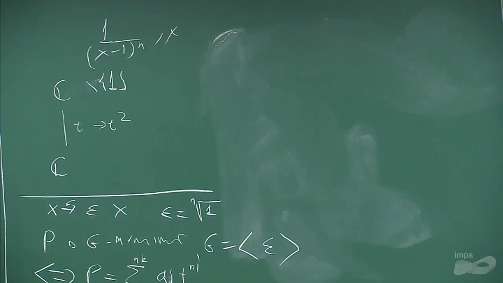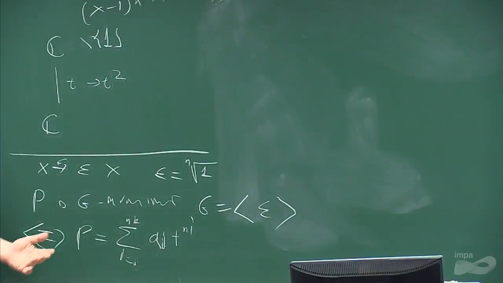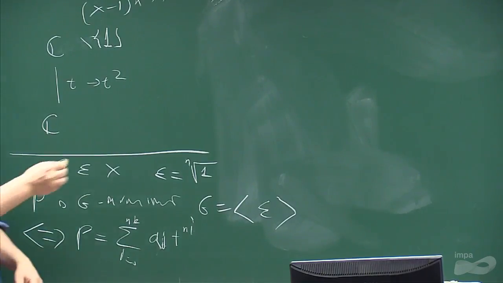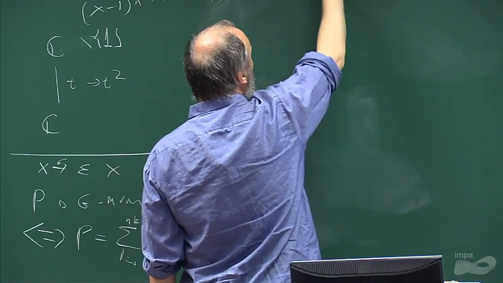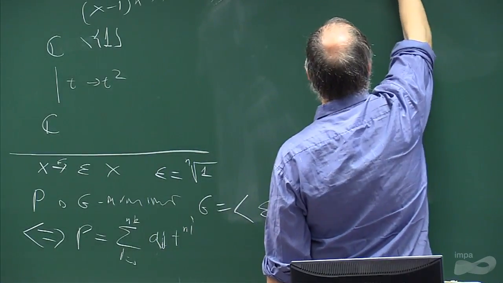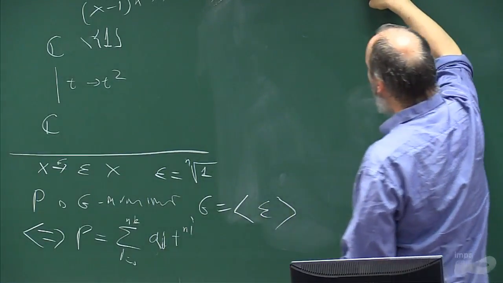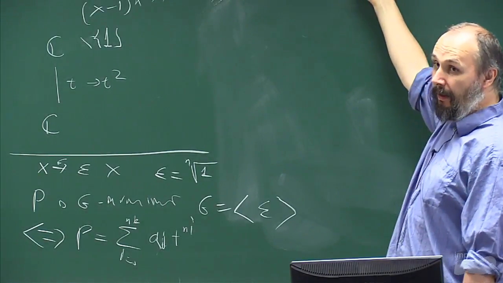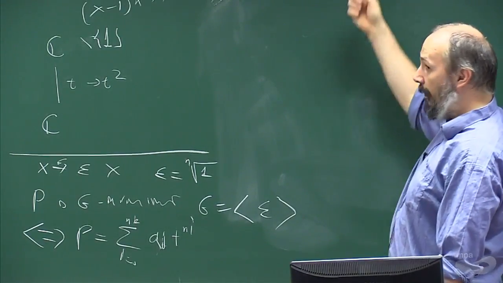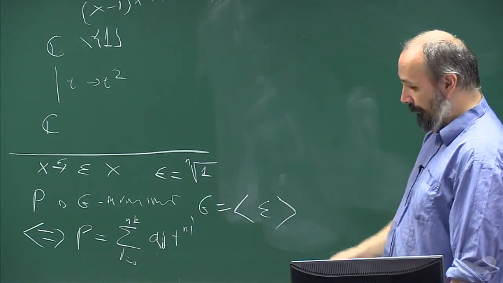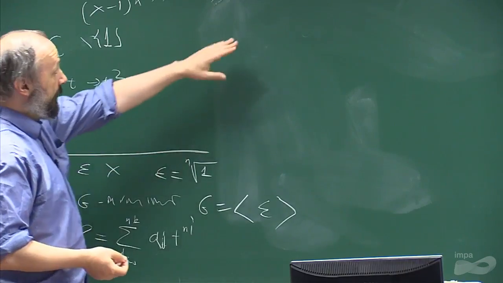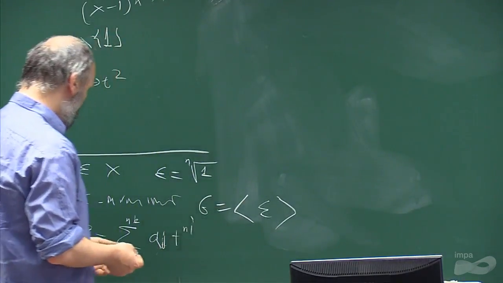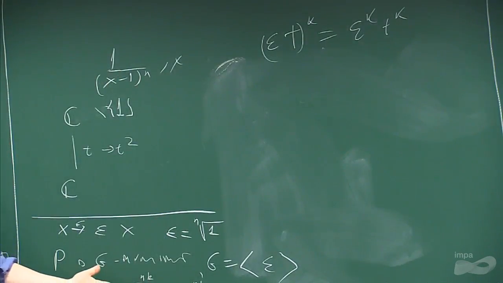Because if you have t^k and you multiply t by epsilon, you obtain epsilon^k t^k. Since this root is primitive, this is 1 if and only if k is divisible by n. So the only invariant polynomials under this map are these polynomials.